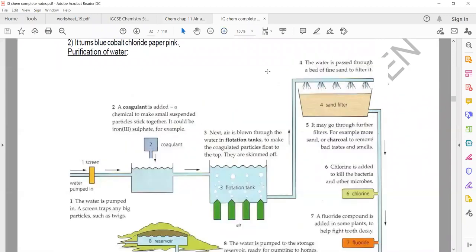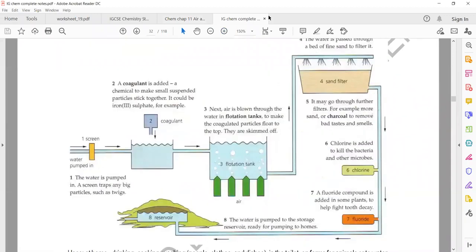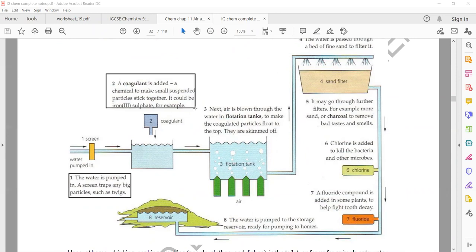So the part I want you to copy is step 1. Just mention the step, you don't have to draw. 2, 3.